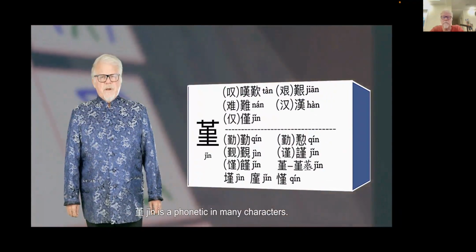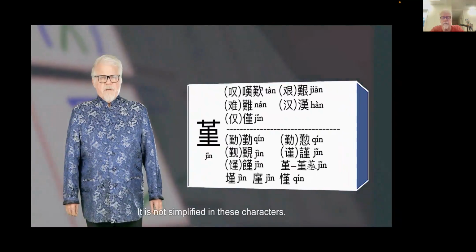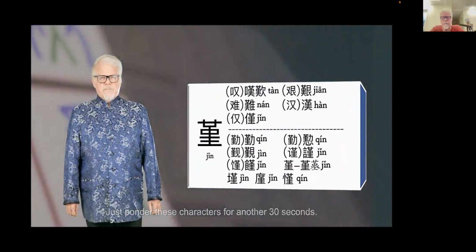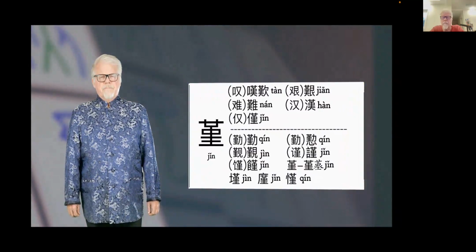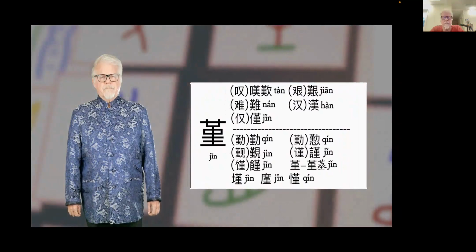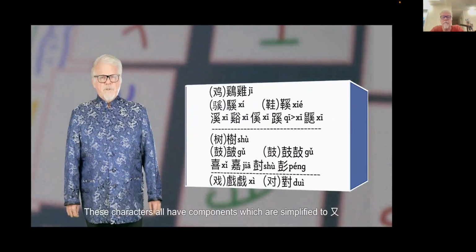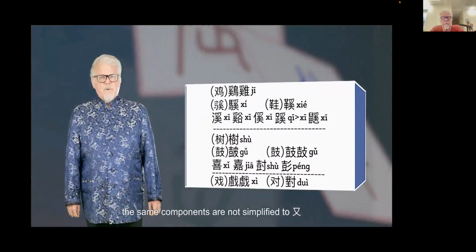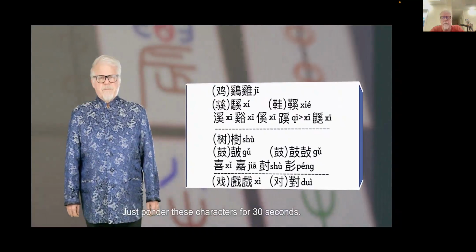Jin is a phonetic in many characters. It is simplified to yo in these characters. It is not simplified in these characters. Just ponder these characters for another 30 seconds. These characters all have components which are simplified to yo. In all other cases, the same components are not simplified to yo. Just ponder these characters for 30 seconds.